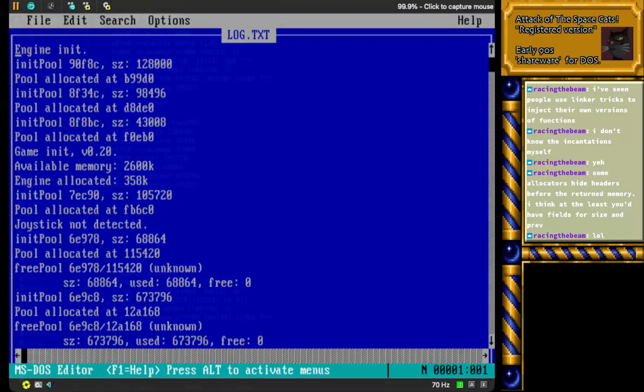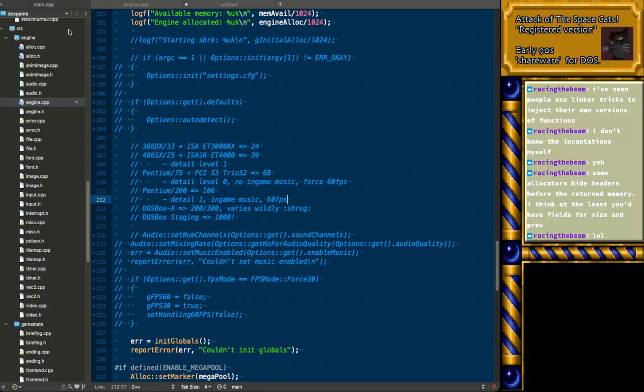I guess it could just be related to executable size.